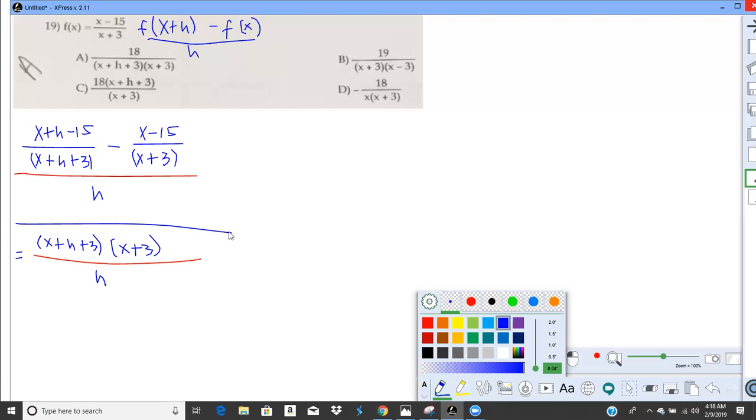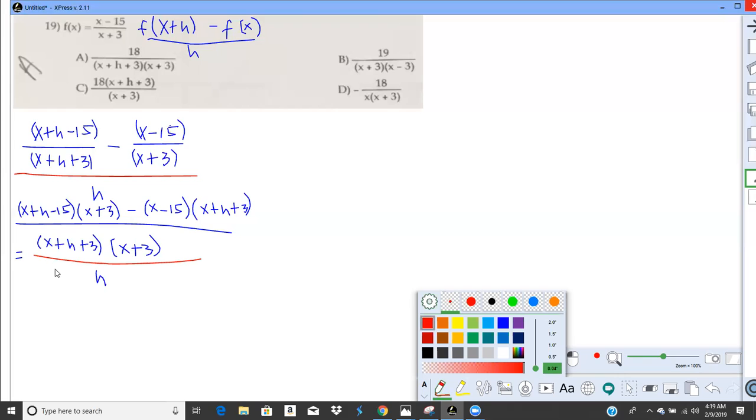Now copy x plus h minus 15, multiply it by x plus 3, minus, copy x minus 15, multiply that by x plus h plus 3.